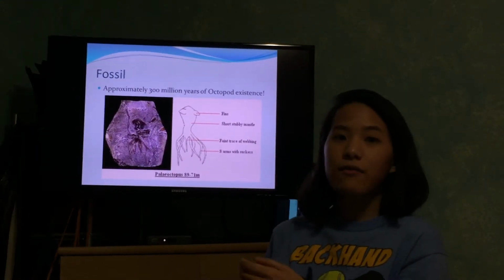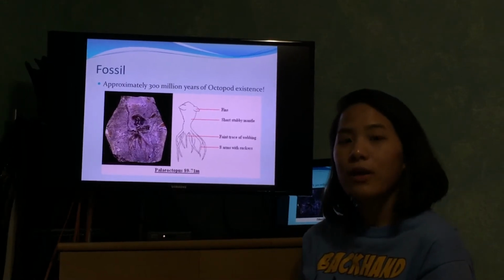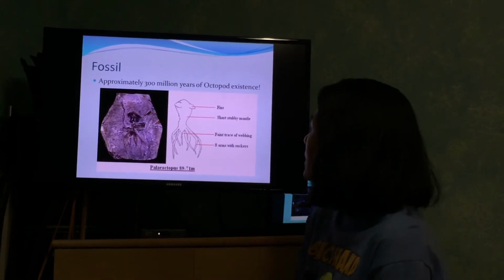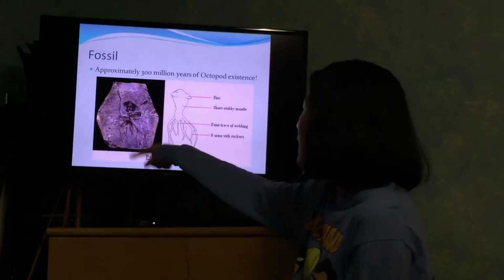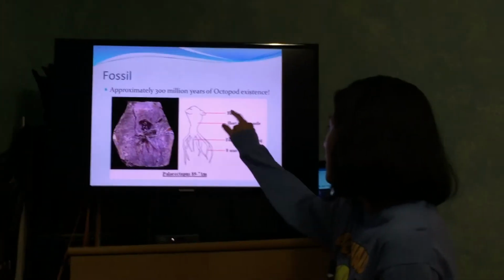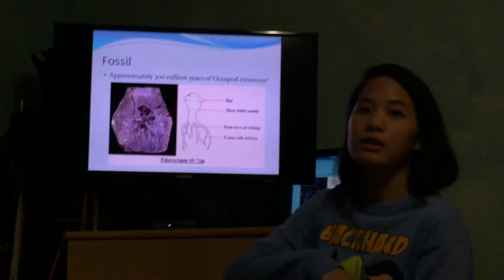The most recent fossil that was found is about 89 to 71 million years old, and it's called the Palaeoctopus. And you can see here that it has tentacles with suckers now, and the fins are getting smaller, and also the mantle is getting smaller.